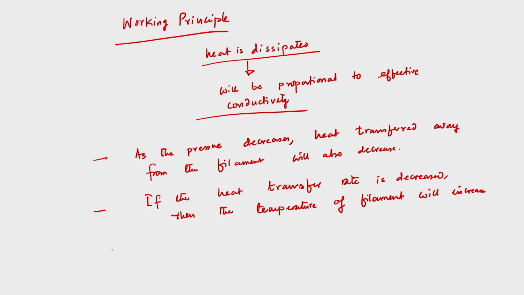Now, if the gas pressure becomes low, the amount of heat being transferred will also be lesser, which means there is no medium to take the heat away from the filament, which will eventually result in an increment of the filament's temperature. Now, if the temperature of the filament increases, then we need to measure it, and that will essentially give us an indication of the pressure being reduced. I mean, that is a change in pressure.